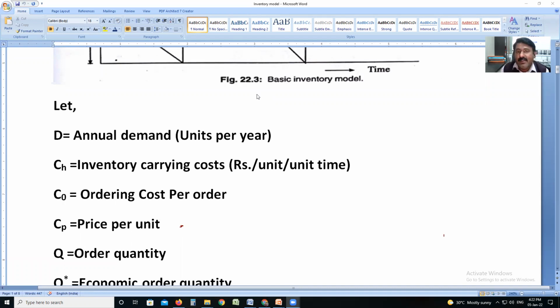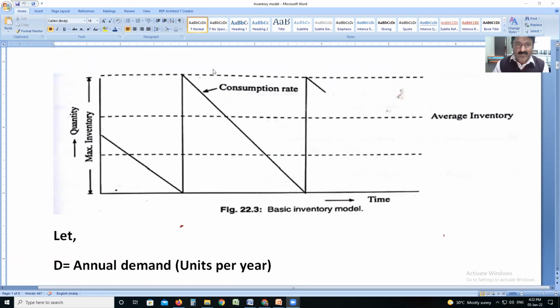CO. This is the terminology used for the next methodology also. CO is the ordering cost. CP is the price per unit. Q, I have already given you the idea, just see here. Q is the ordering quantity. This is 0, and when it goes to the higher side, this is the total.